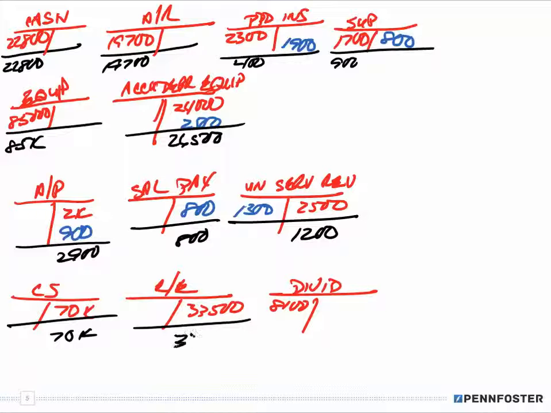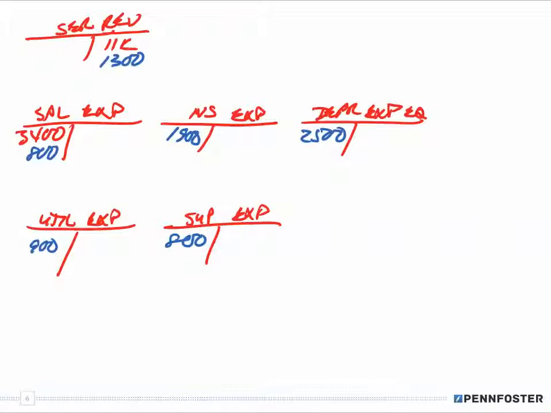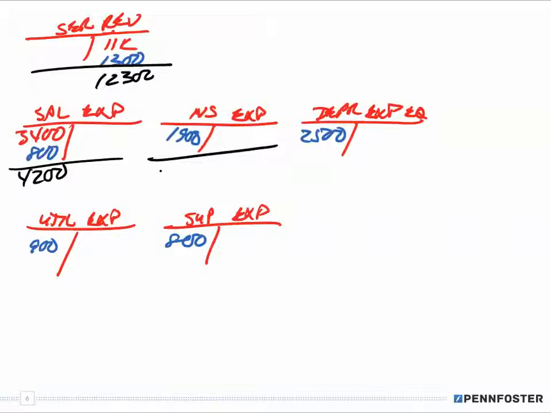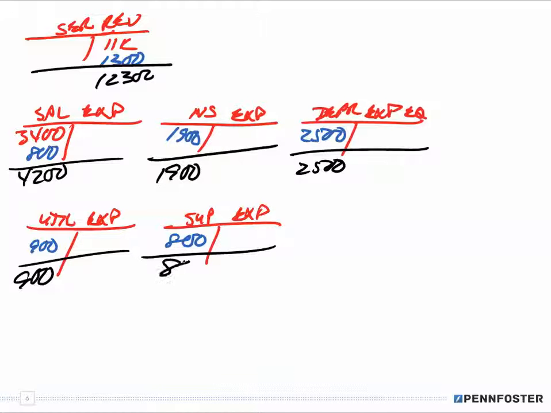Retained earnings is $33,500. Dividends $8,100. Service revenue is $12,300. Adding those two together. Salary expense is $4,200. Insurance expense is $1,900. $2,500. $900. And $800.